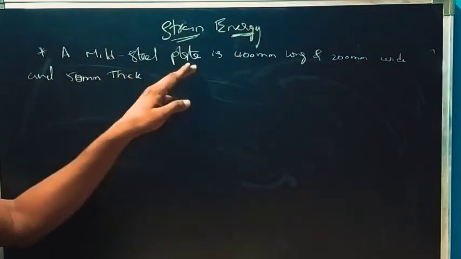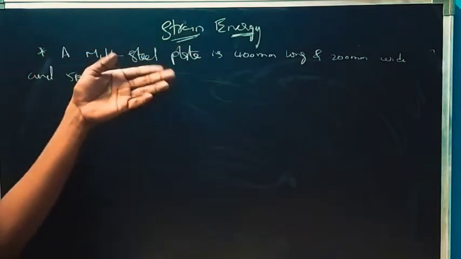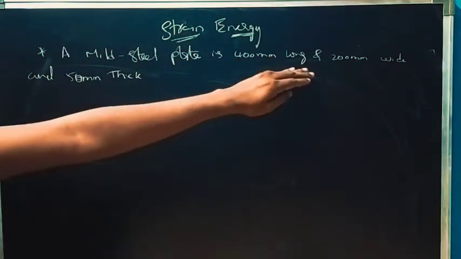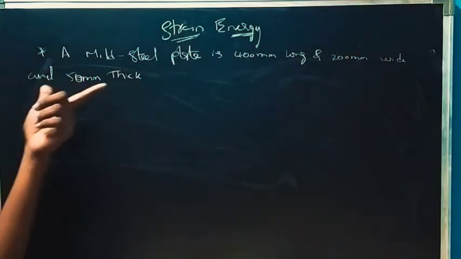A mild steel plate is 400 mm long and 200 mm wide and 50 mm thick.